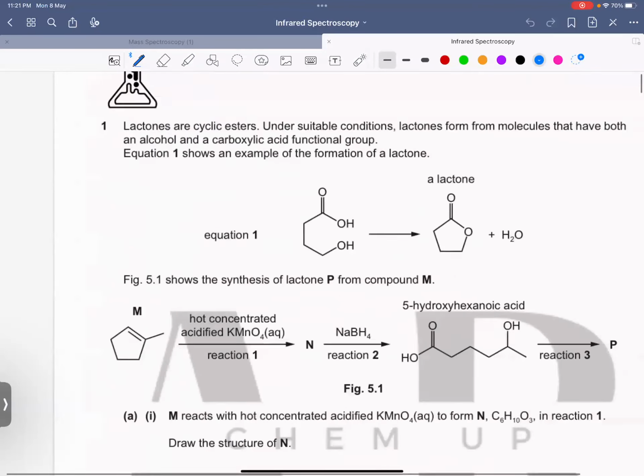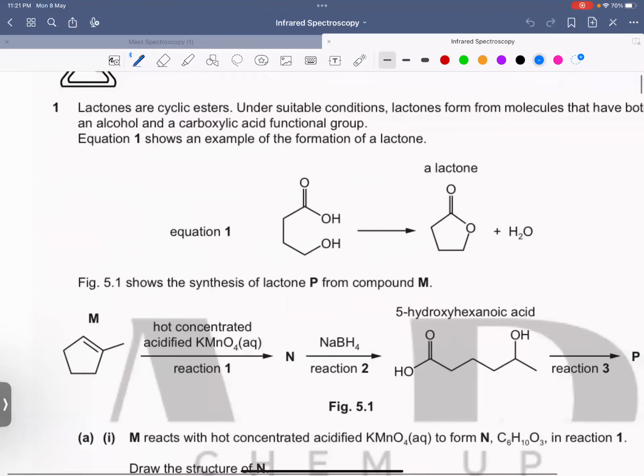Now, look at the first question. Lactones are cyclic esters. Under suitable conditions, lactones form from molecules that have both an alcohol and carboxylic acid functional group. Equation 1 shows an example of the formation of lactone C. This one is a carboxylic acid group, and this one is an alcohol OH group only.